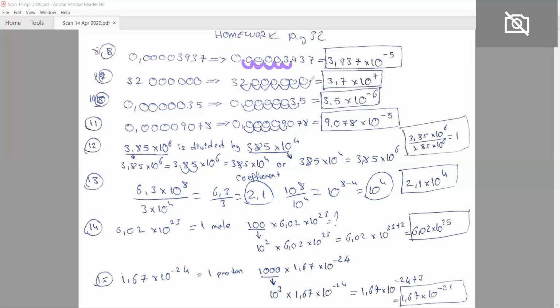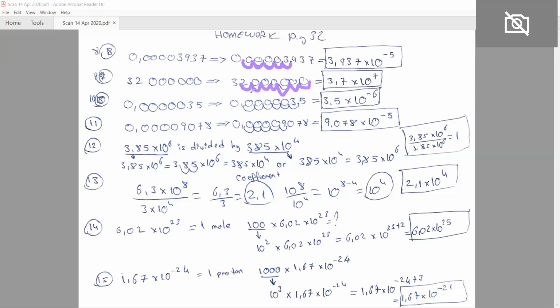That's why we assume that the comma is there at the end of the number. So it's going to be here. Now I'm going to move this comma from right to the left. Remember, negative powers for left to right, positive powers for right to the left. Okay, so I'm going to do that. 1, 2, 3, 4, 5, 6, and 7.